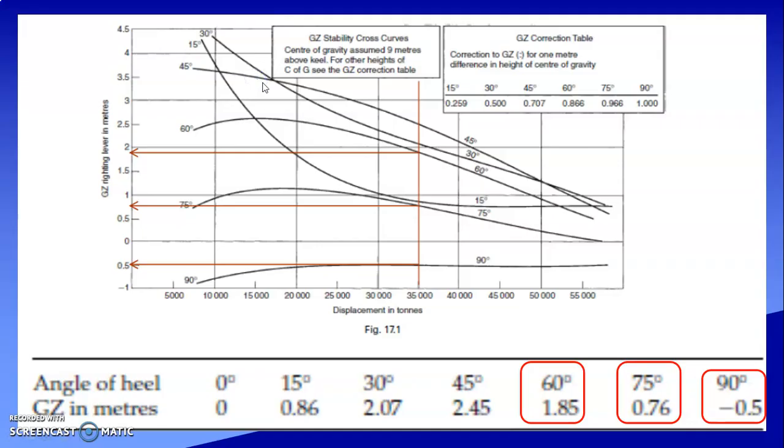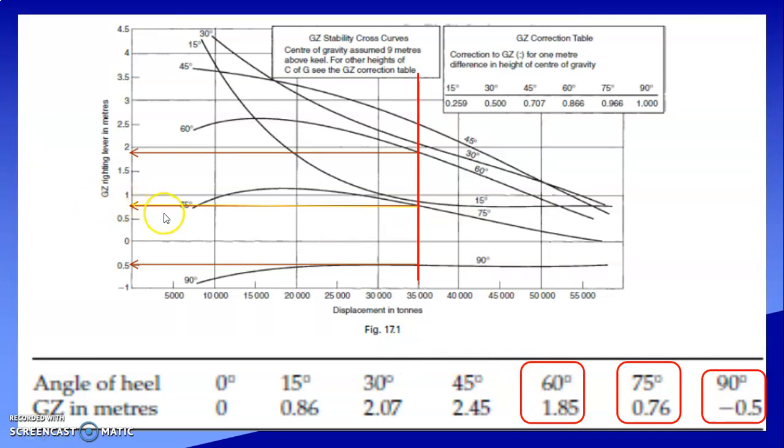Now you are at 35,000 displacement. To read, for example, at a heel of 75 degrees, you will have a reading of 0.76 GC in meters.